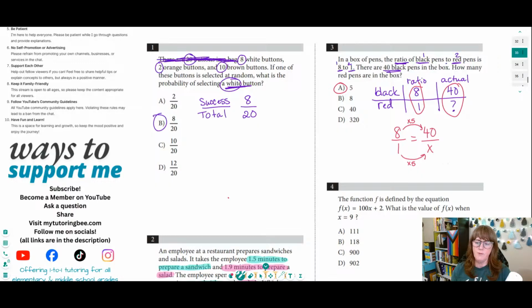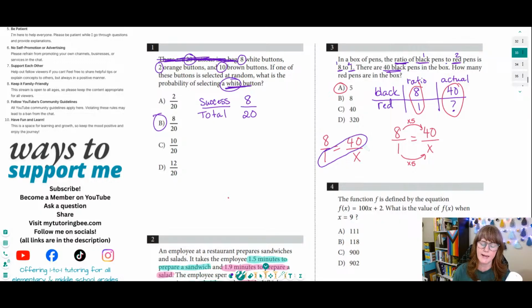Now, if this didn't go in evenly, we couldn't just multiply. Another way to do this is to cross multiply. Go back to my darker pen. We're going to cross multiply.